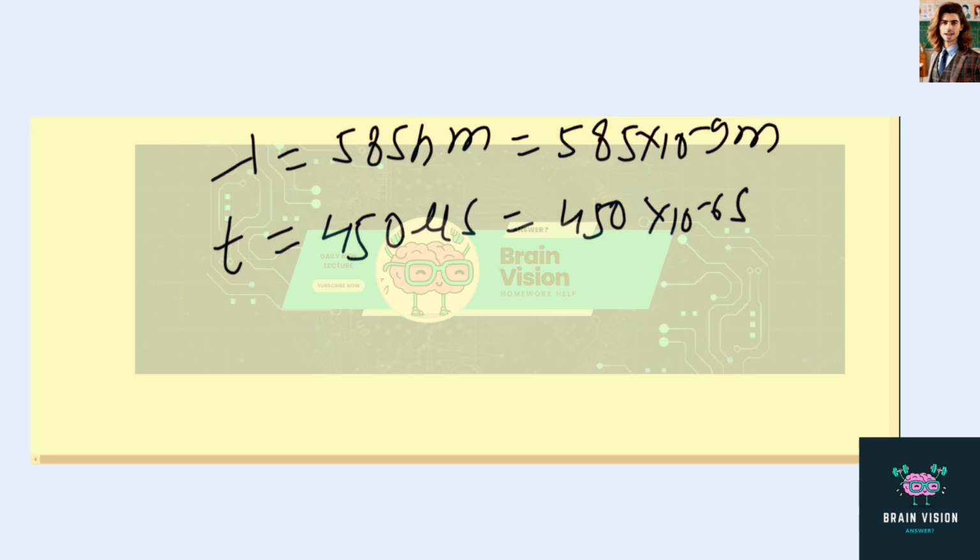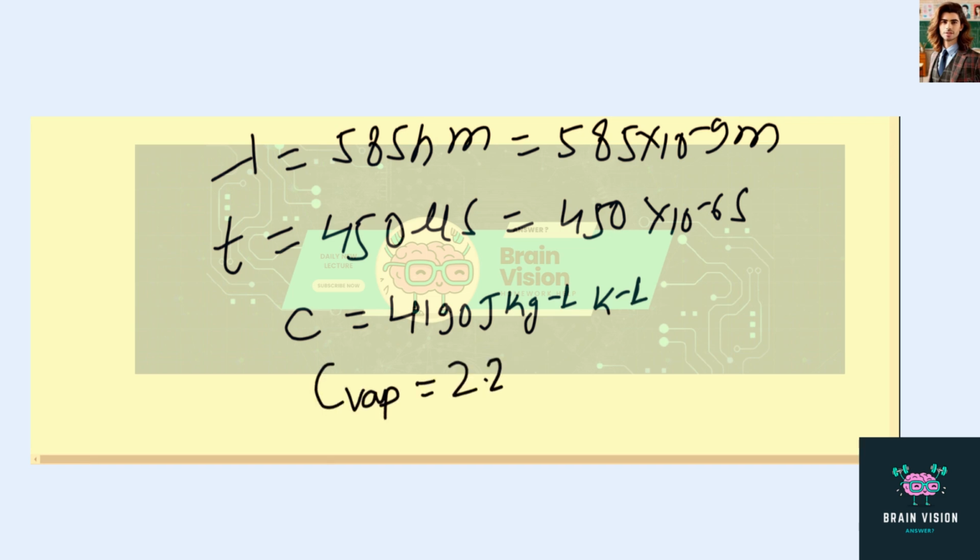And the specific heat capacity C is equal to 4190 joule per kg per Kelvin. And the heat of vaporization of water, we can say C vaporization, is equal to 2.256 into 10 to the power 6 joule per kg.